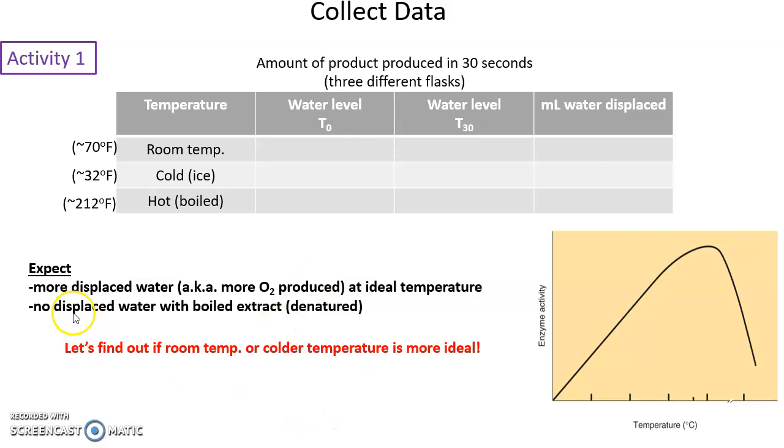I'll just go ahead and tell you part of it: boiling enzymes destroys them, so those will be denatured. We expect no water to be displaced from the boiled turnip juice. So then we just try to determine whether room temperature or ice cold is better for turnips when they produce peroxidase and have it functioning.